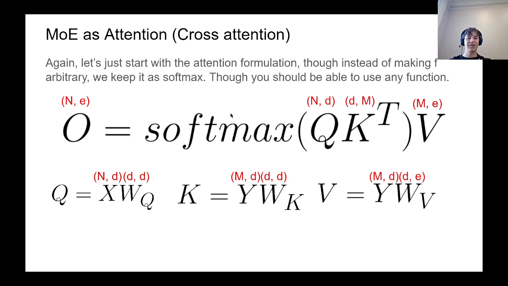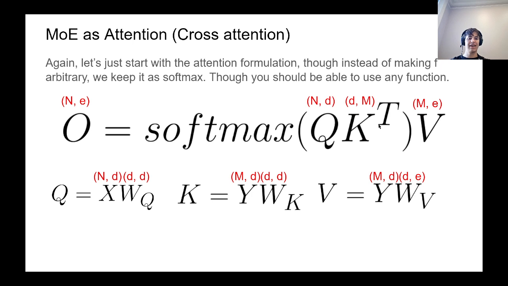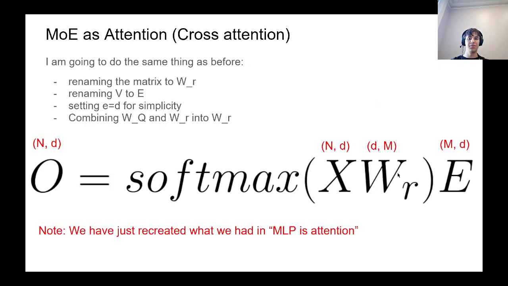So here we start again with softmax attention, good old softmax attention. Here, I'm keeping softmax this time. I'm renaming K transpose to WR, I'm making K static, and I'm renaming V to E and making V static.